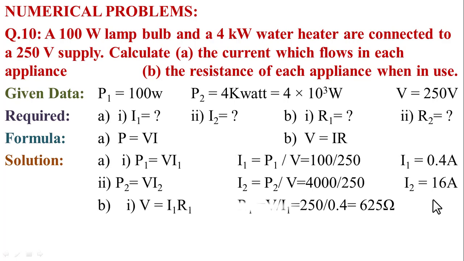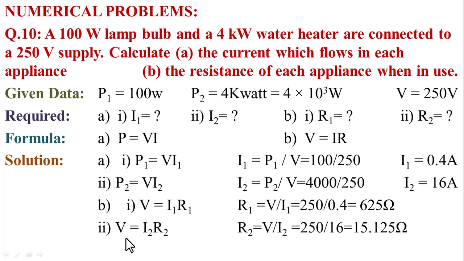Similarly, we can calculate the resistance by Ohm's law. In B part, V is equal to I1 R1. So R1 is equal to V upon I1. This implies 250 divided by 0.4. So R1 is equal to 625 ohm. And in second part, V is equal to I2 R2, so R2 is equal to V upon I2.